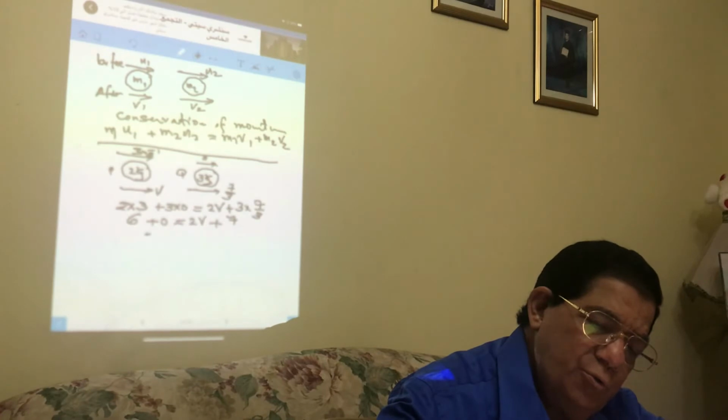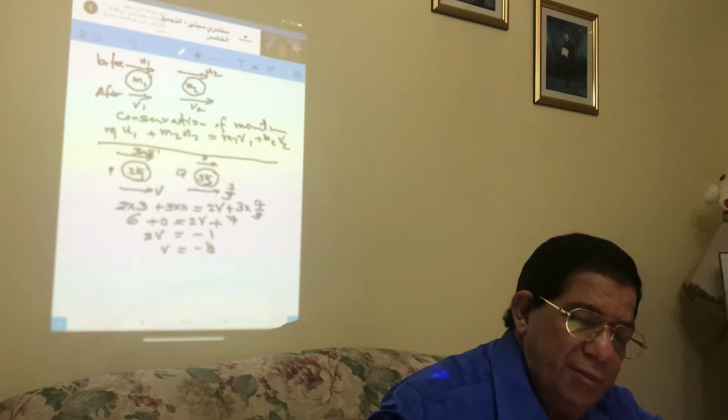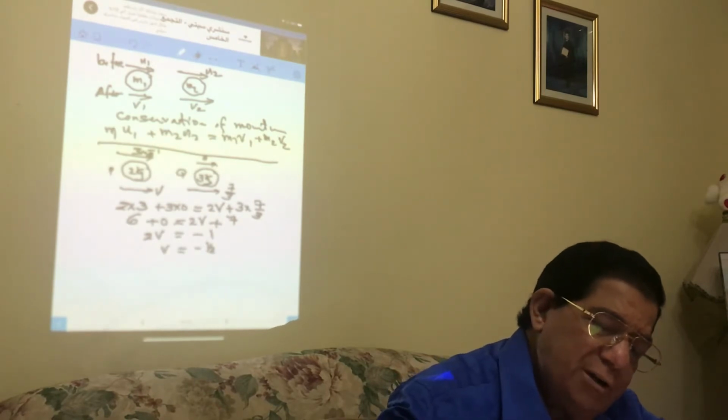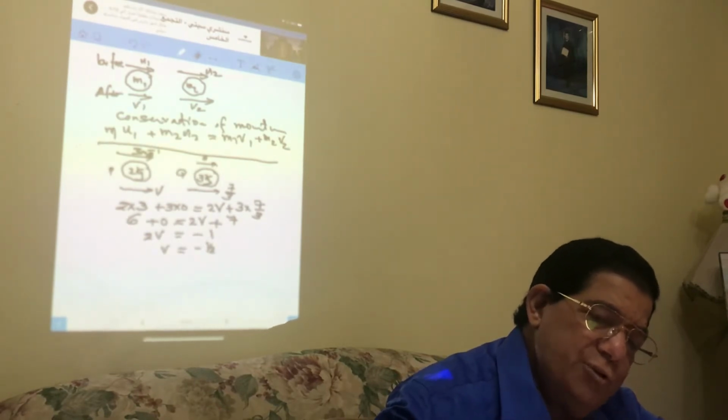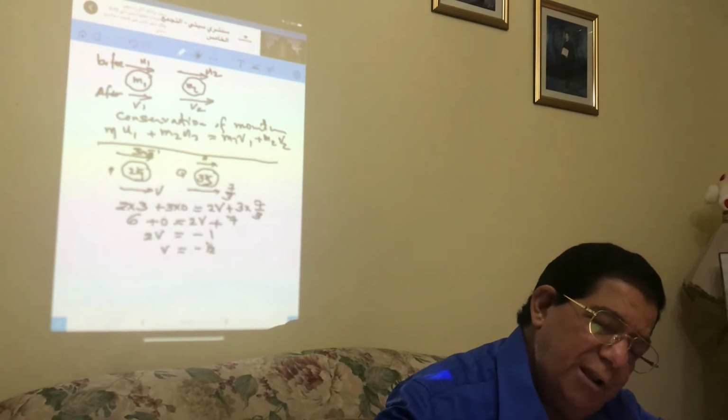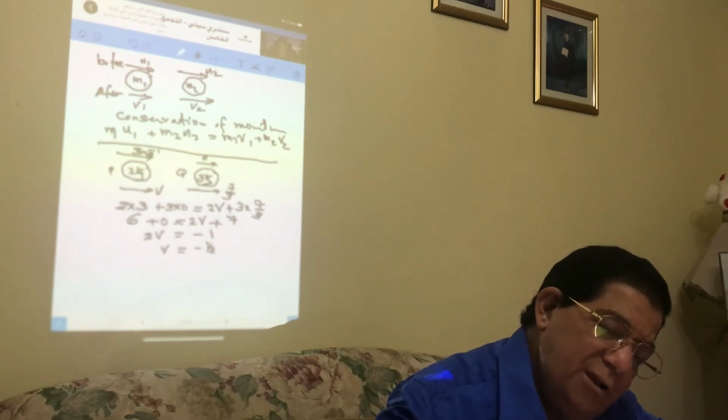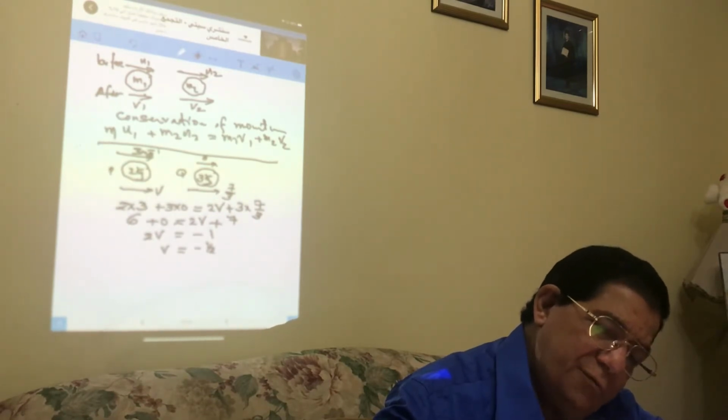So we get 2v equal -1. So v equal -half. This means the particle P will move to the left. Its direction changed, and the magnitude of its velocity is half.